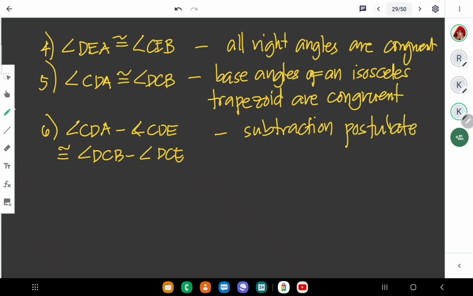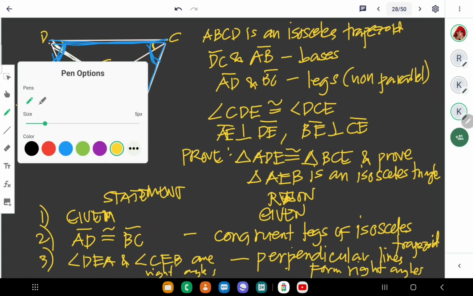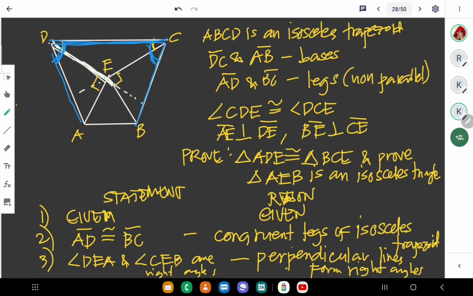Let me check here. So angle CDA, this whole thing here, minus CDE, this one, is congruent to DCB minus DCE, so subtraction.